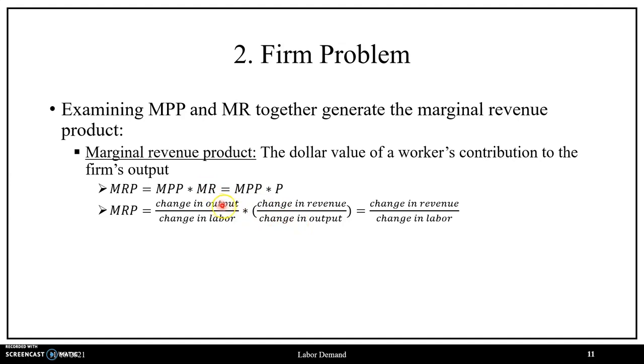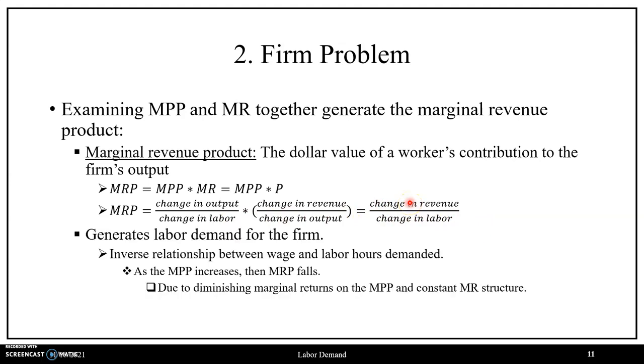These two terms can cancel out, and so in slope form this gives us a change in revenue divided by a change in labor, or a 1 unit change in labor corresponds to a particular change in revenue.